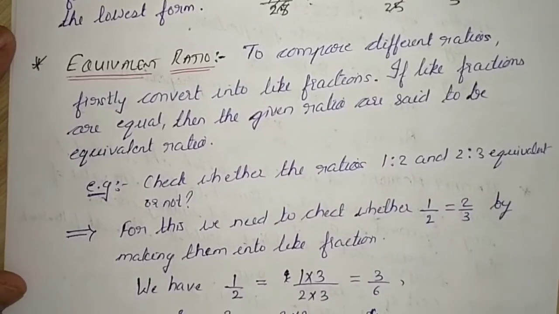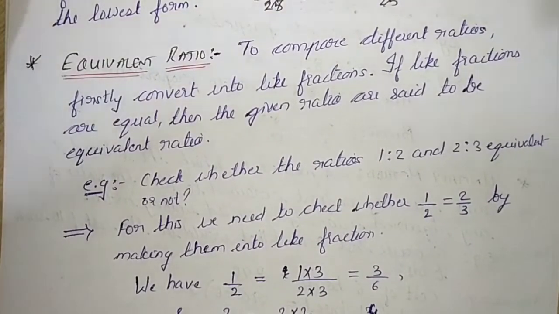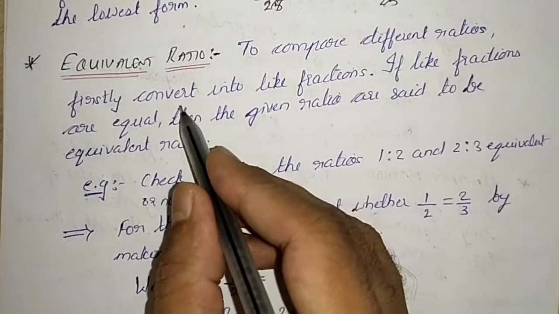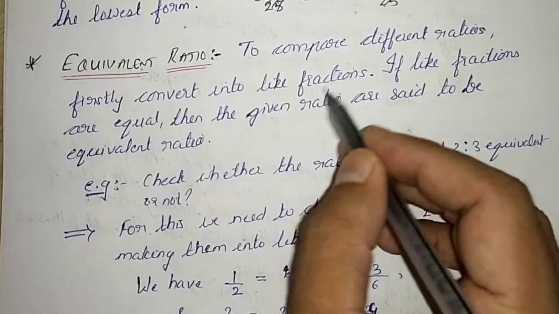Now comes equivalent ratio. Now what is equivalent ratio? If they tell you to check whether the given ratios are equivalent or not, then what will you do? To compare those types of ratios, first we will convert them into like fractions.